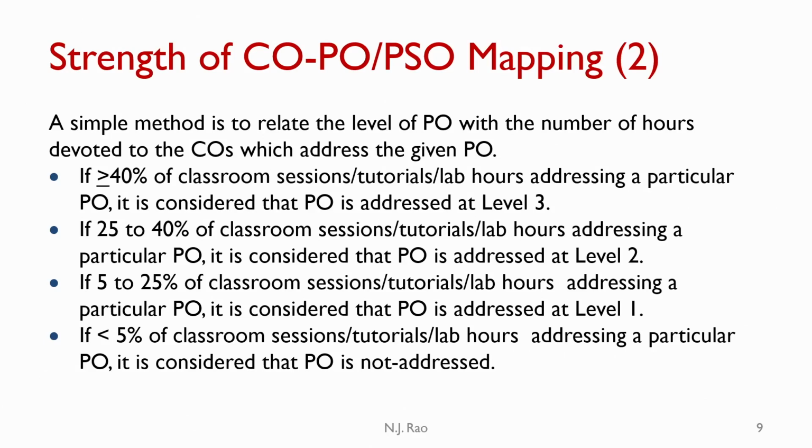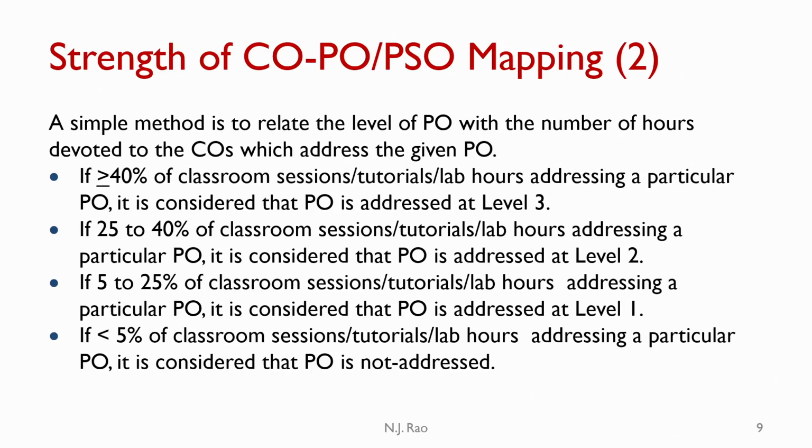But in another case, I have a CO which addresses some PO2, and the number of classroom hours associated with it is 7. That means I am spending more time, through that CO, in addressing that particular PO. So this is the basic logic.